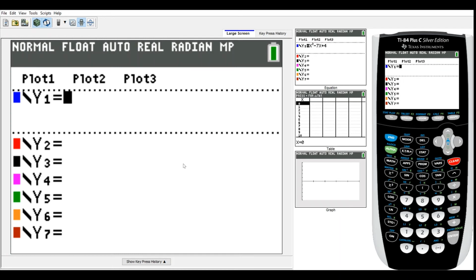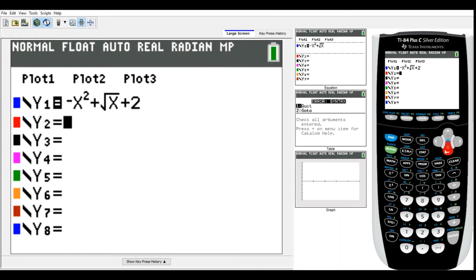Now that we are looking at our calculators here, let's go ahead and type in f of x and f prime of x. So for f of x, we had minus x squared plus the square root of x plus 2. And then we had the derivative of this as well.